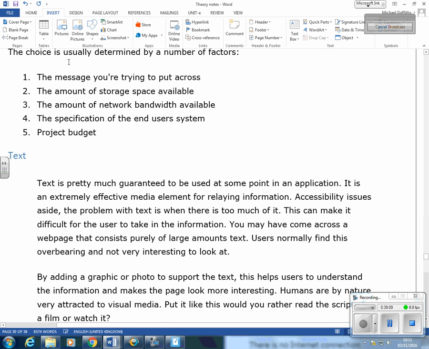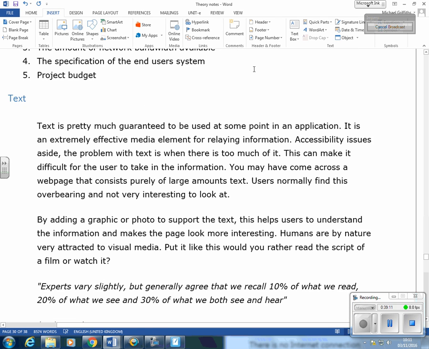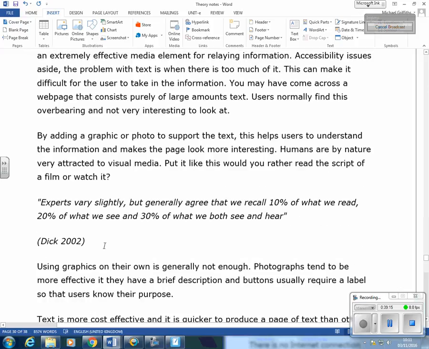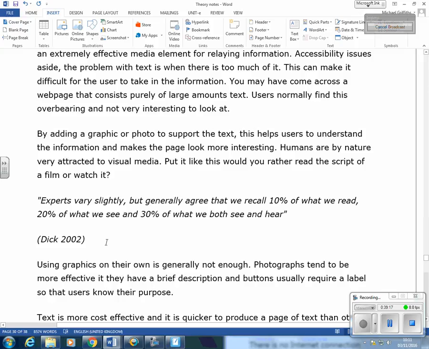Text. Well, I don't really know if I have to talk about why you would use text. One thing says we recall 10% of what we read, 20% of what we see, and 30% of what we both see and hear. That's why I'm recording this. I can see that the attention starts to drift, and usually in a class by now I would have stopped talking.